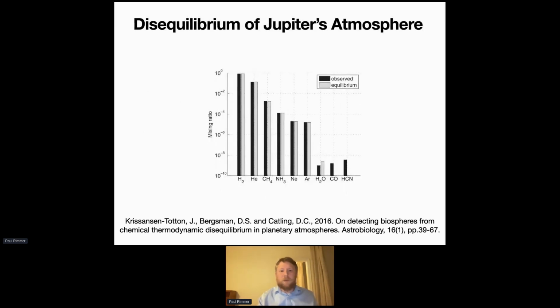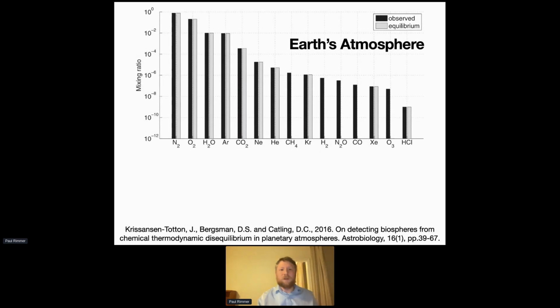In Jupiter's atmosphere, you can run into a sort of similar problem. I don't have it quite drawn up here, but we'll return to what photochemistry does to this. But Jupiter's atmosphere, again, looks like it's fairly close to equilibrium. Earth's atmosphere, interestingly, also looks like it's relatively close to equilibrium. You can find some small exceptions to that, methane being probably one of the more important ones, hydrogen also.